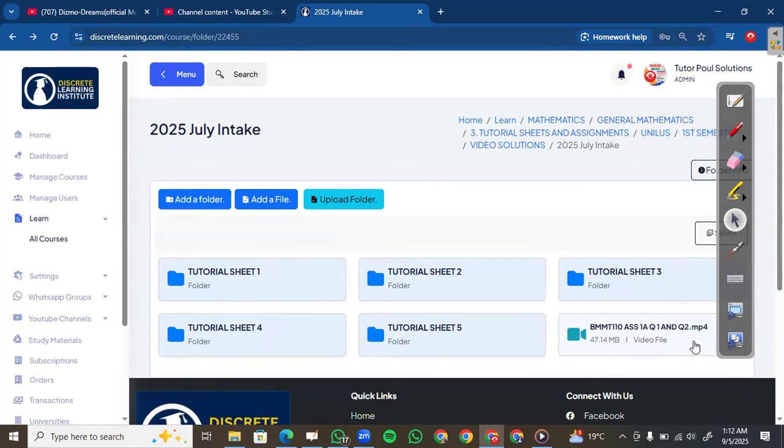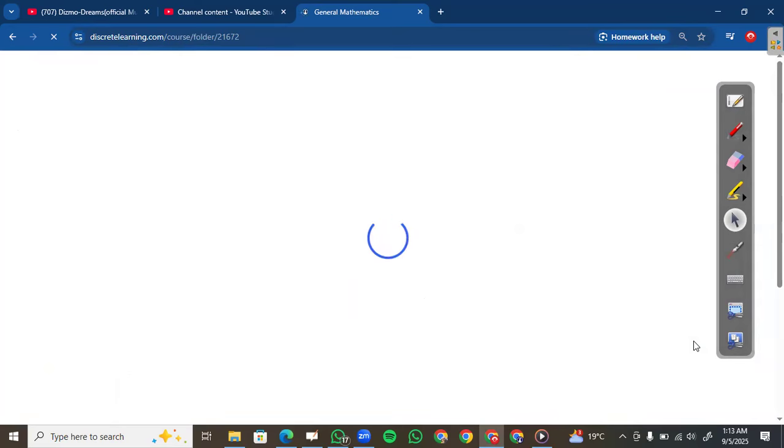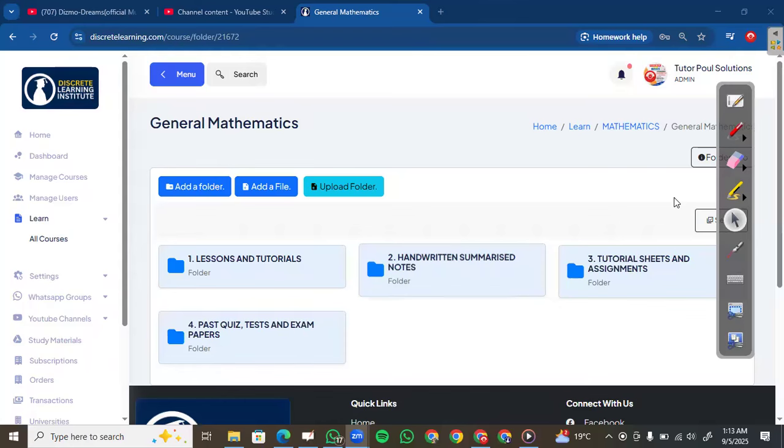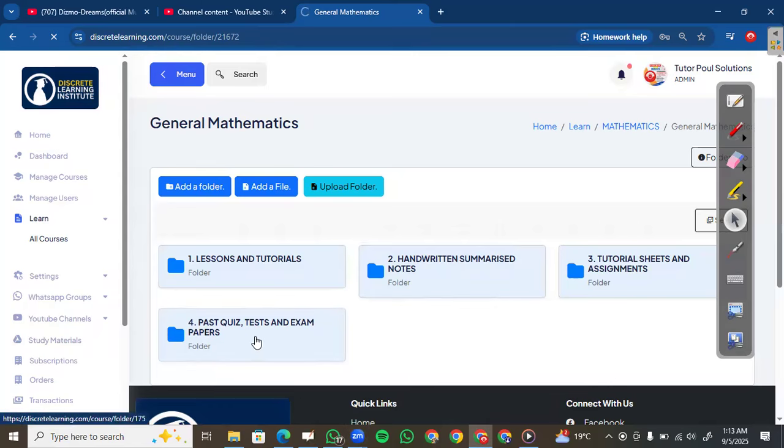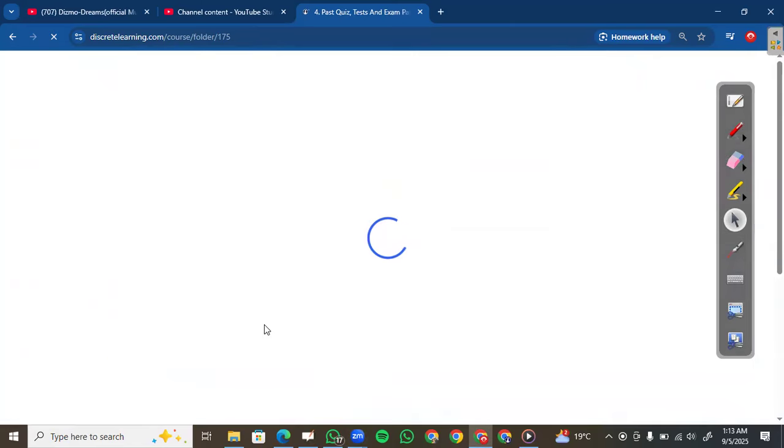Okay, so if you want, you can also check out the past paper sections. So past paper sections, as we'll be writing your test 1. We have the test 1s for the past intake. So you can actually access them and learn. Here you see that we have past papers, so you can open the past quiz, test and exam papers.